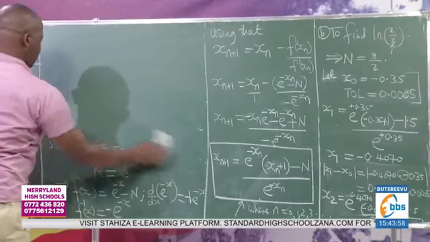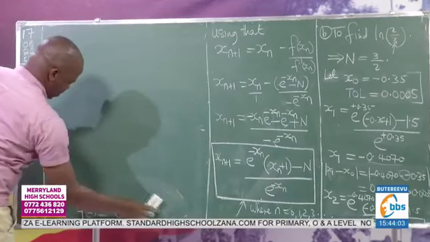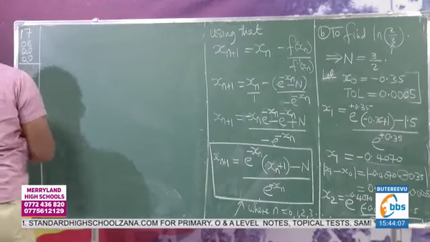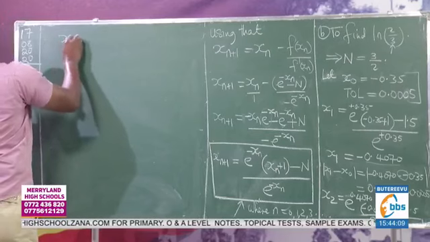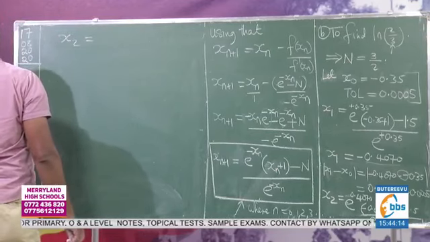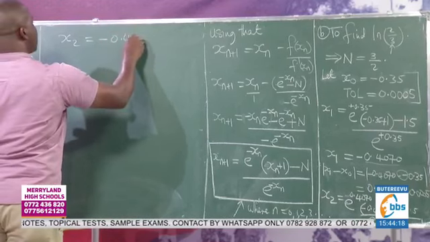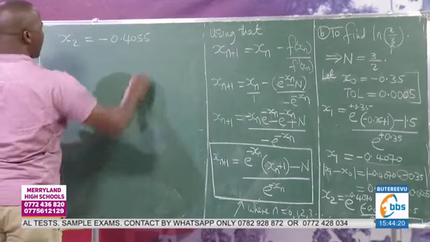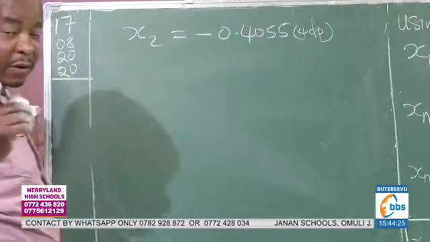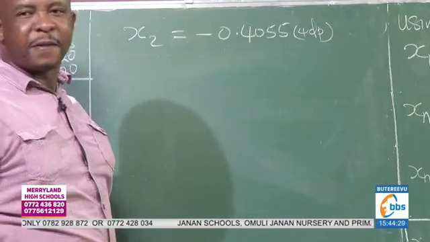Check for the tolerance or the error range, and if it is still greater than the TOL, you need another iteration to do. When you compute that, the value of x2 you get will be negative 0.4055. I told you we are using 4 dPs because the answer requires a degree of accuracy of 3 dPs.